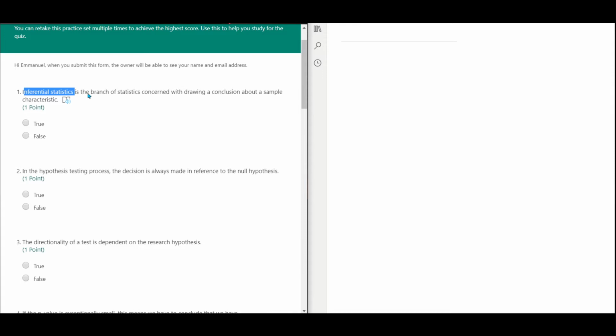You're trying to figure out what the population parameter is based off of the sample. So we take a sample to estimate the population number. Here it says it's concerned with drawing a conclusion about a sample. We're not concerned with drawing conclusions about samples; we're concerned with drawing conclusions about populations, so population characteristics. So this is false.